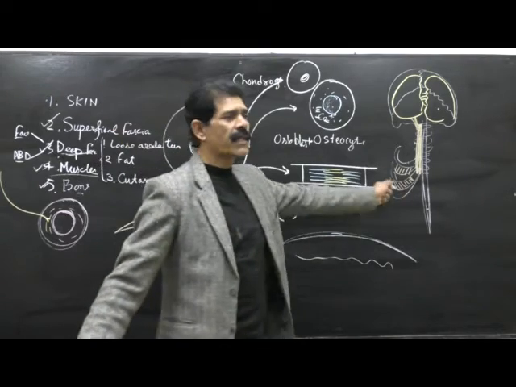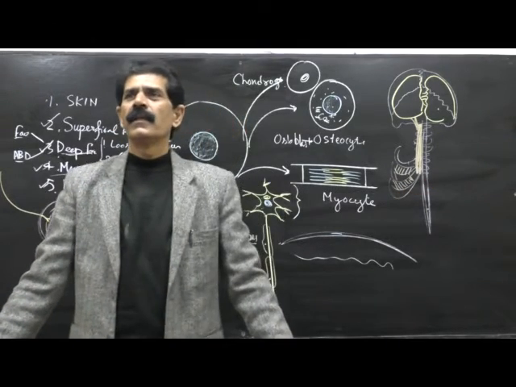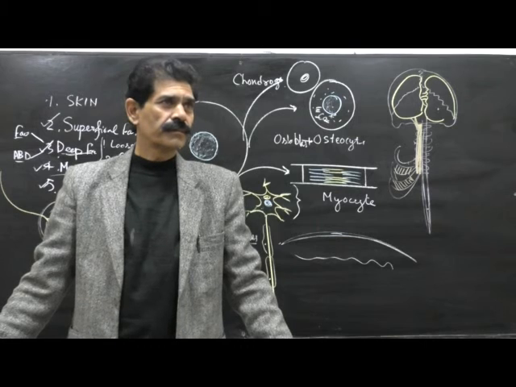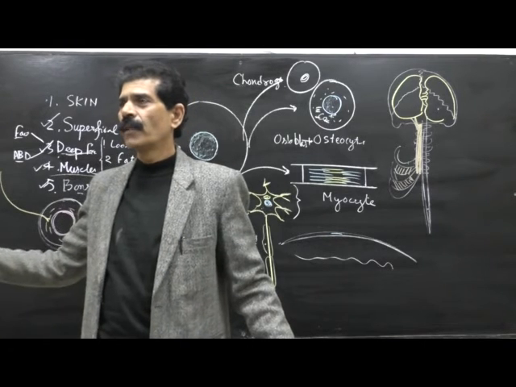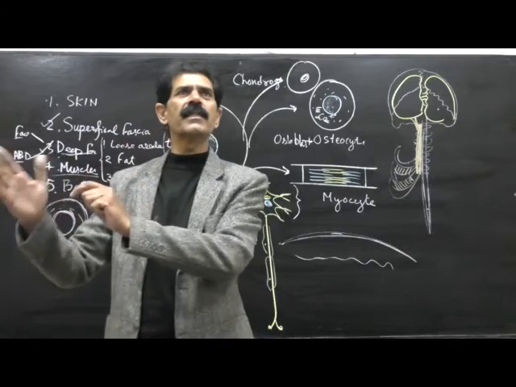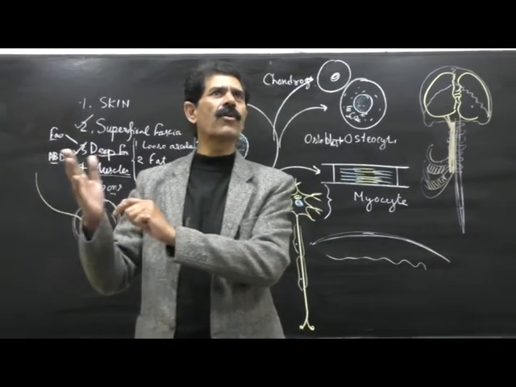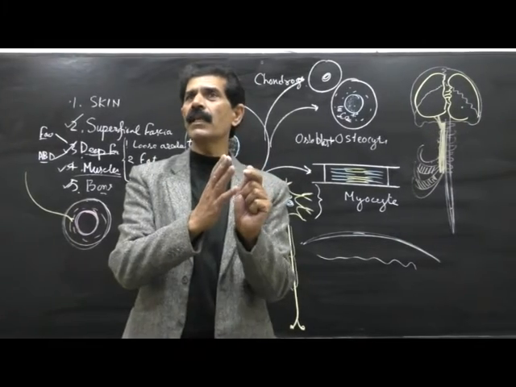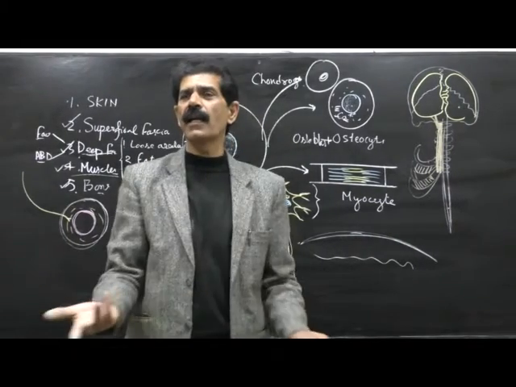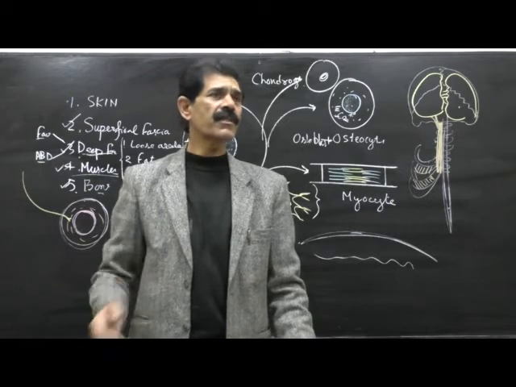The skeletal muscles are attached with the voluntary. No, they are involuntary. For the involuntary smooth muscle, there is a different system that is called the autonomic nervous system. For the skeletal muscles or voluntary muscles, there is a separate system that is called the central nervous system.